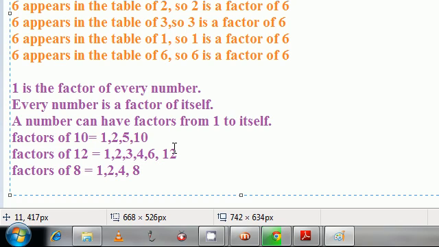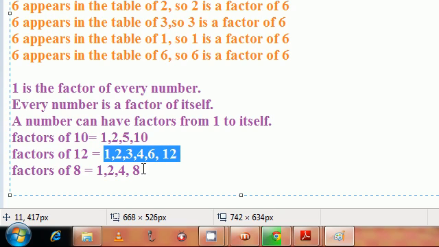Okay, so if you know the concept of factors, then next session we will read about the highest common factor. In short, just like we had the lowest common multiple, a common multiple between two numbers which is the lowest, similarly for two numbers we can find their highest common factor. For example, if it is asked what is the highest common factor of 12 and 8, as the name suggests, the common factor between these two which is highest.